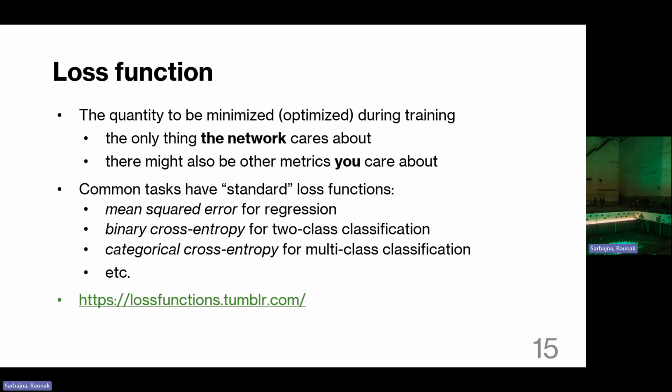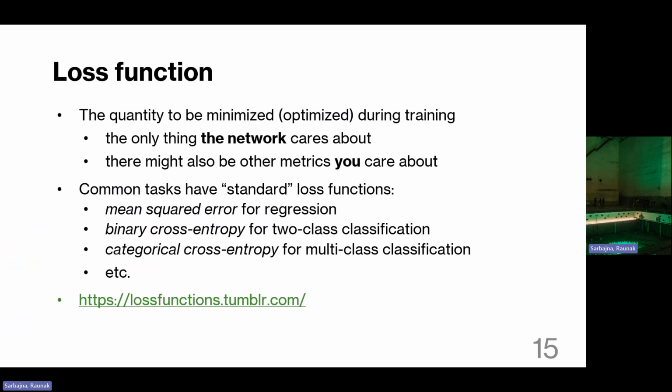Essentially, whatever result you want from your model is the thing that the loss function cares about. And finally, what the model cares about might not be all the things that you care about.